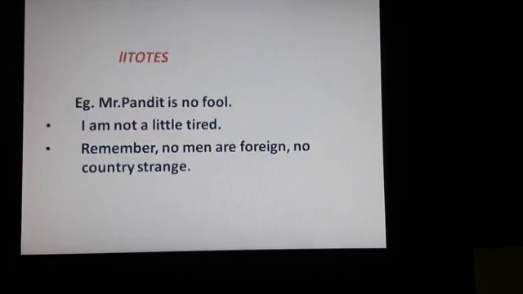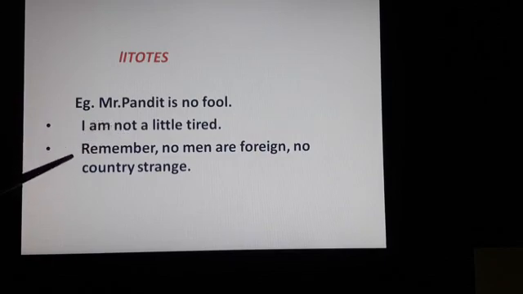See here, Mr. Pandit is no fool. What is the meaning of it? Though no is used here, a negative word, the meaning is Mr. Pandit is very clever or very intelligent. Are you understanding? Again you see, I am not a little tired. Here though not is there, not a little tired means I am very much tired.